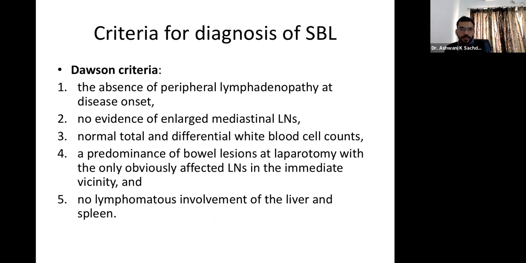Lymph nodes, if present, can be only near the vicinity of the primary tumor; no mediastinal, no peripheral lymph nodes, and WBC counts are normal. If there is involvement of liver or spleen, it should be by direct spread of the tumor, like a T4 tumor involving the liver or spleen.